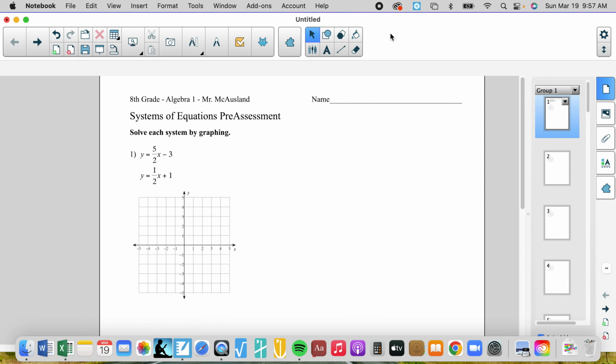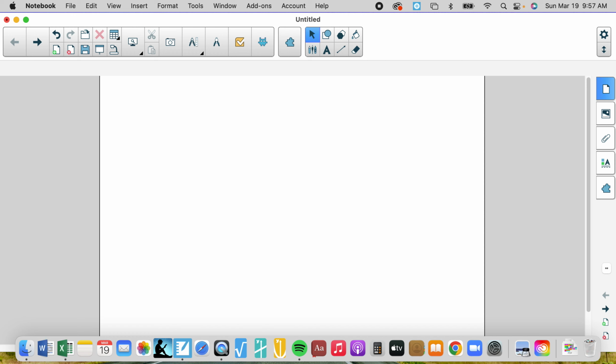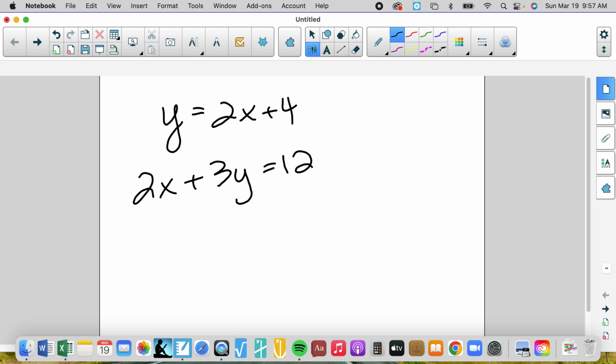Systems of equations pre-assessment. So when we have systems of equations, what we're talking about are two equations. They can be in linear form, y equals 2x plus 4, or they can be in standard form, 2x plus 3y equals 12.